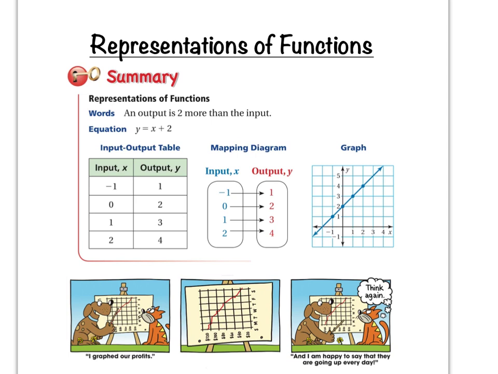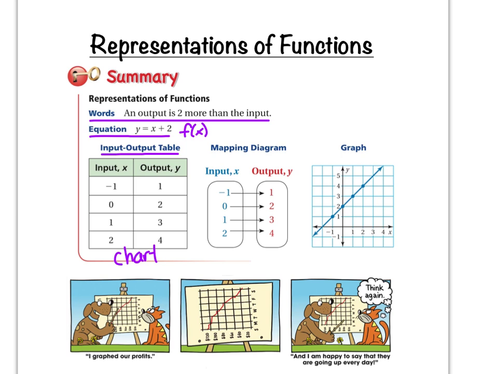All right, so I'll leave you with this summary and then this kind of funny little comic strip down here. In the summary, we said there's different ways you can represent functions. You can write it in words, so we did that. You can write a function using an equation, or using f of x also as y works. You can use an input or output table, so you can use a chart, basically, a t-table I call it.